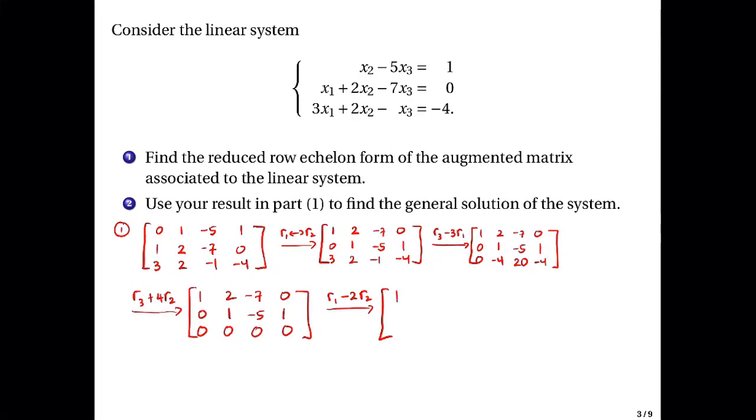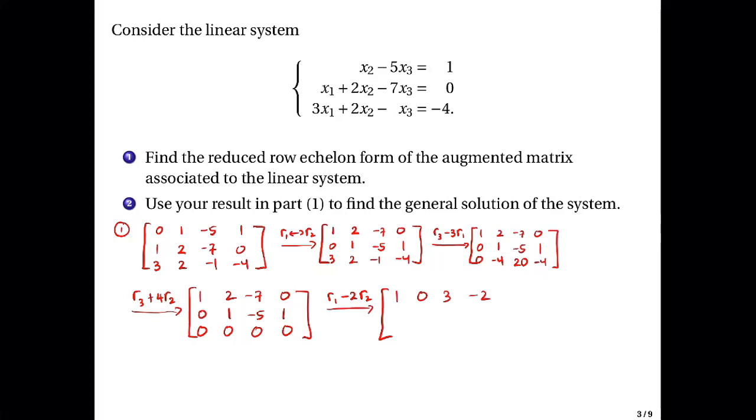So we have 2 minus 2. That will become 0. In here, we have -7 minus 2 times -5. This will be -7 plus 10. So we will have +3. Then in here, you have 0 minus 2 times 1. So we'll just get -2.